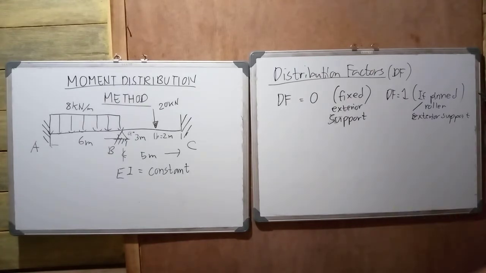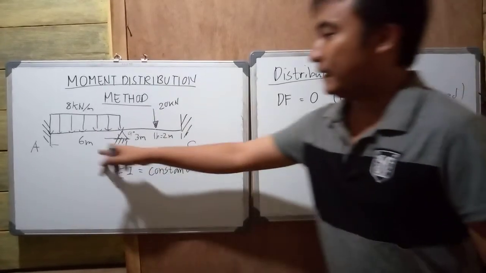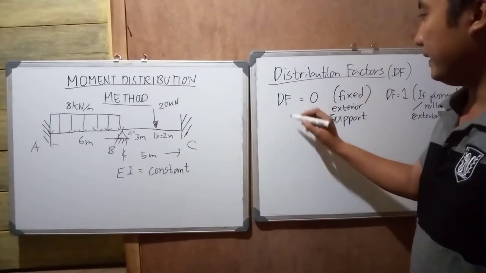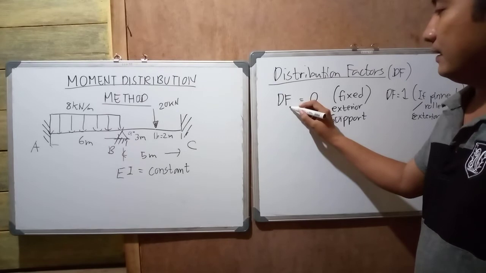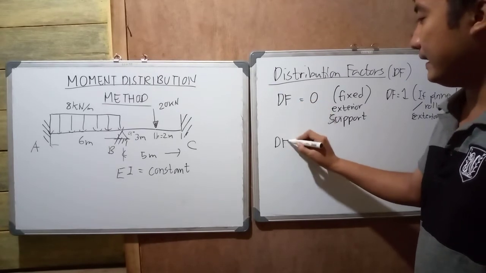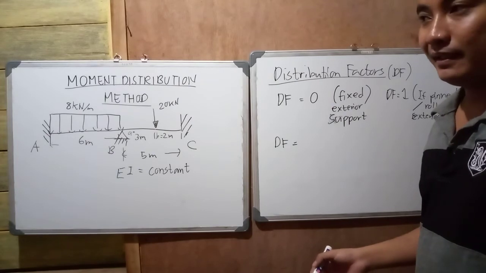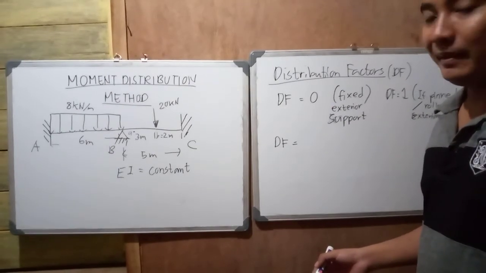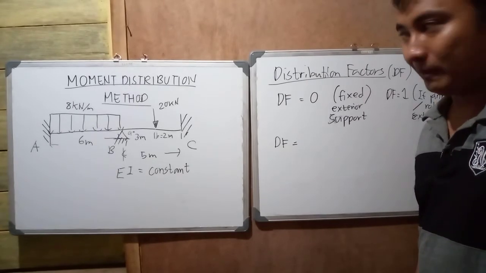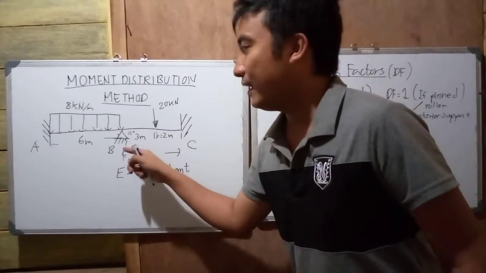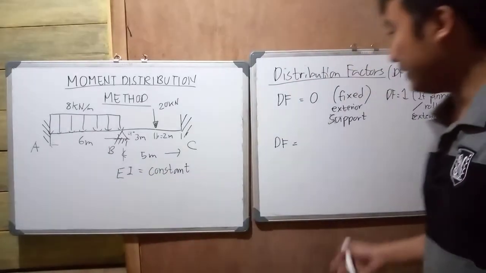So, sa pag-compute naman doon sa nasa gitna, okay? Kapag nasa interior supports, so paano? Okay? So, sa bawat member, whether, for example, AB or BA, iba yung distribution factor niya.